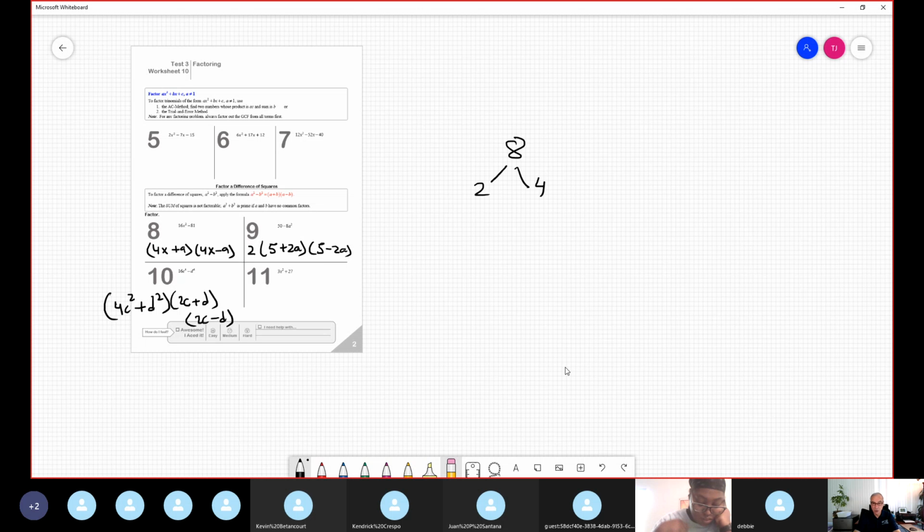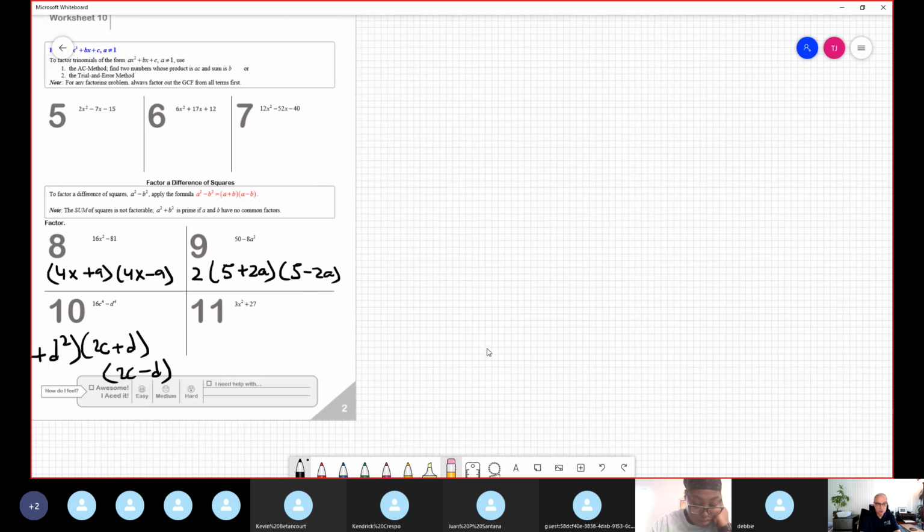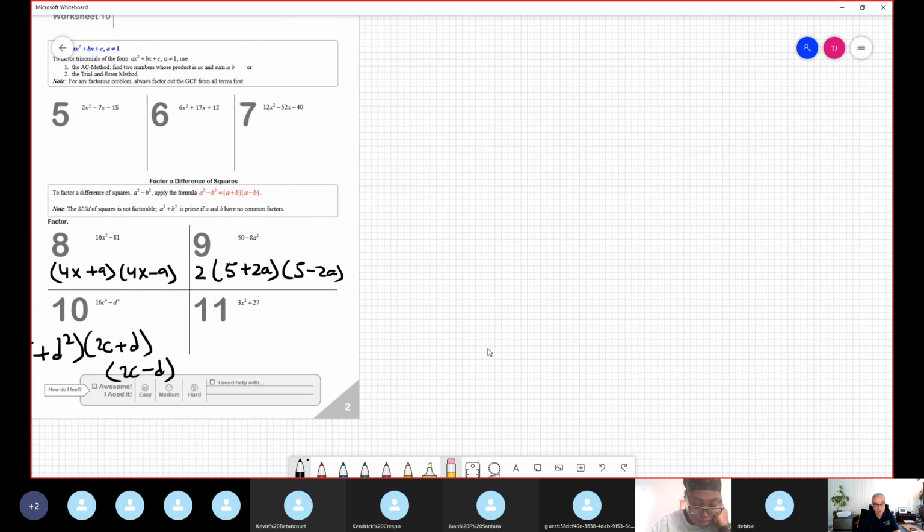No. Why no? Because 2 is prime, but 4 is not. So you keep going, break it down to 2 times 2. It's important to understand that the goal in this problem is to factor completely, and you cannot stop if there is one possibility to continue.